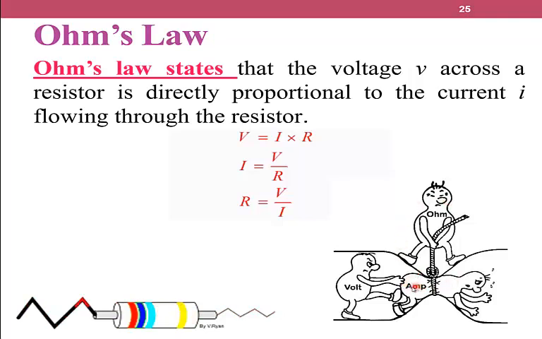The current tries to move inside a conducting wire, and the voltage, which is a pump, tries to push the current to move inside the conducting wire, while the resistance is trying to resist the current from moving inside the conducting wire.